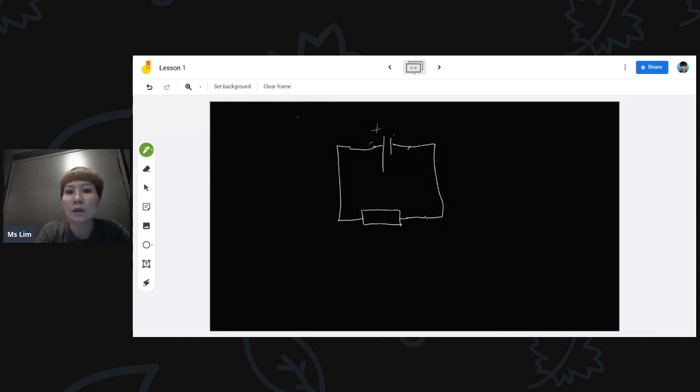So conventional current comes out of the positive terminal of the cell, symbolized by I, and this is the direction of the current. If they were to ask you to identify the direction of the electron flow, then you must know that the electron flow is opposite to that of the conventional current. So the electron flow will be in the opposite direction and it comes out from the negative terminal.